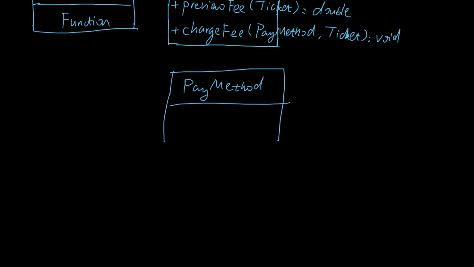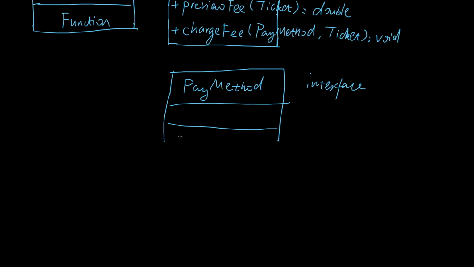We need to know what those common things are here. If we define some attributes, most likely this pay method will be an abstract class. That's kind of okay, but I think the better way is that we define it as an interface, so that we know for the pay method what the common behavior is that we need to support.